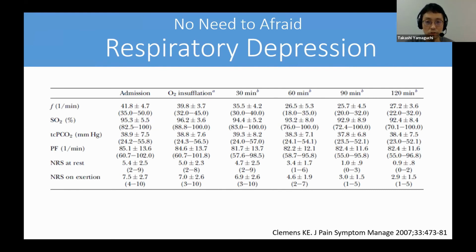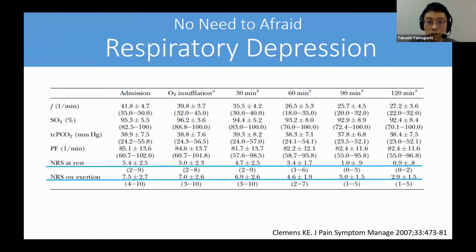This study was conducted in a hospice using morphine or hydromorphone for the management of dyspnea. In this observational study, after using the opioid, dyspnea NRS decreased from 5 to 1 at rest and 7 to 3 on exertion.